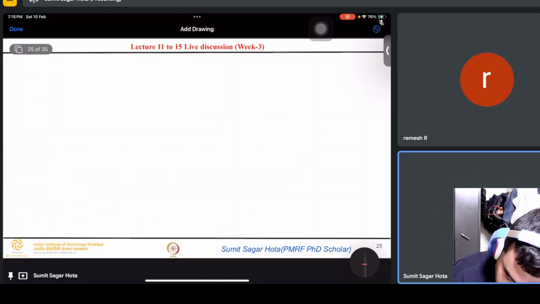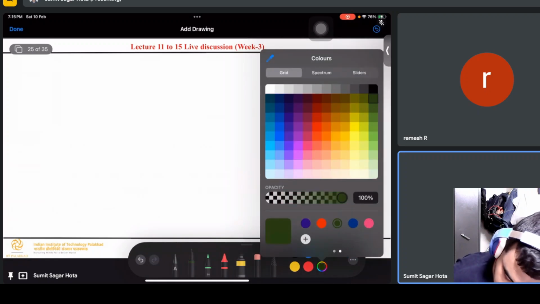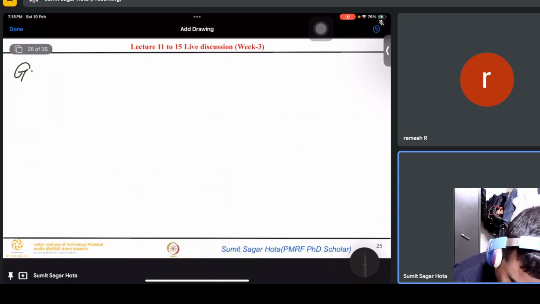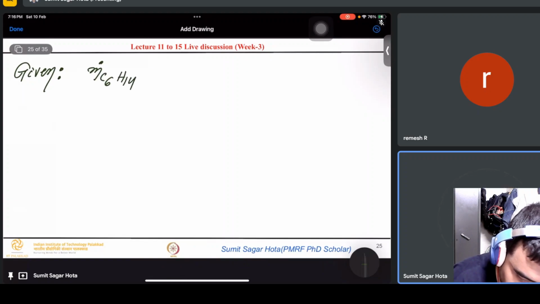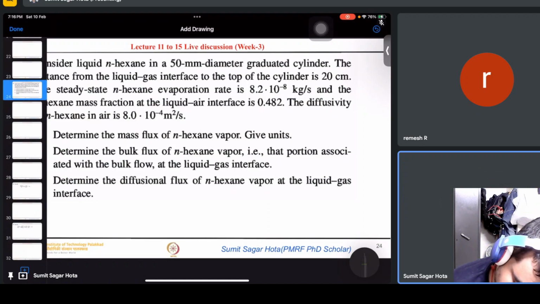The plan: M dot C6H14 equal to the mass flow rate of evaporation.